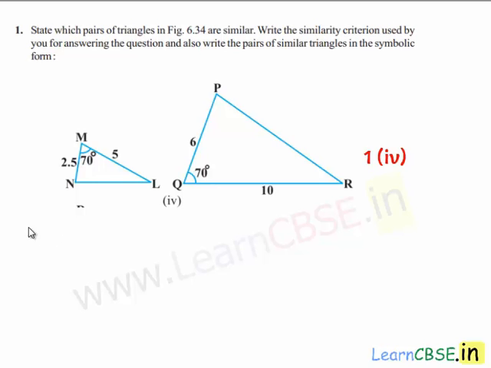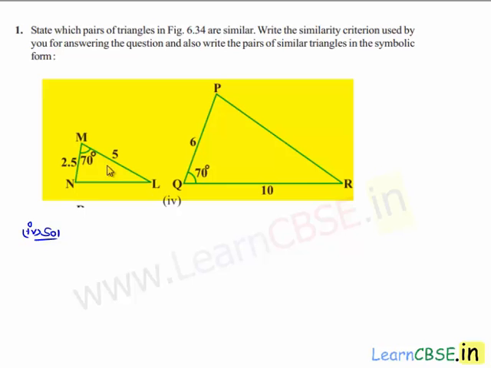Now moving on to the solution for fourth bit. In triangle LMN and PQR, angle M is equal to angle Q is equal to 70 degrees, and MN by QR is equal to 2.5 by 10, which is nothing but 1 by 4.